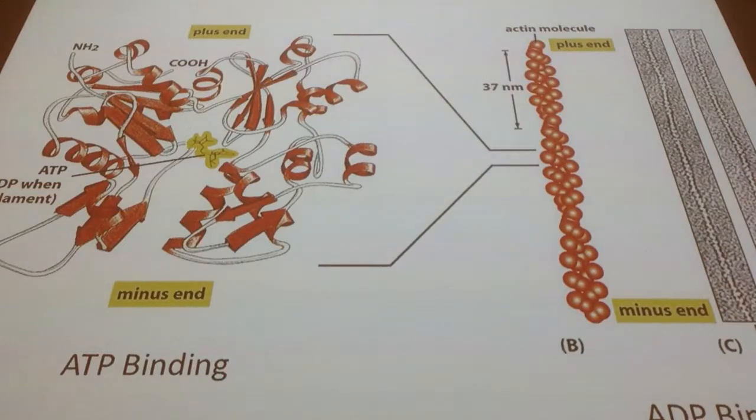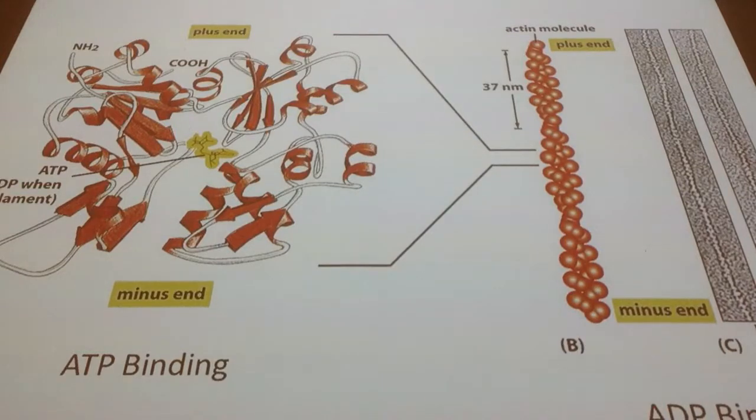Okay? So those are the two things that I want you to get out of this slide. One is that it's more complex than just linking the G-actin together. The second is that in order for a G-actin to be linked together, that G-actin must be bound to an ATP. And if it's bound to an ADP, then it won't be used.